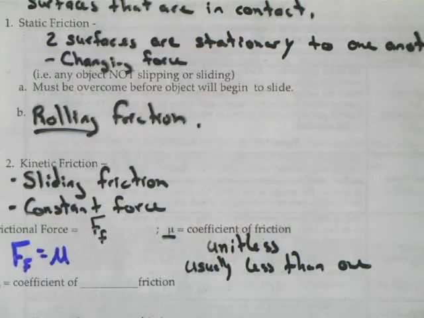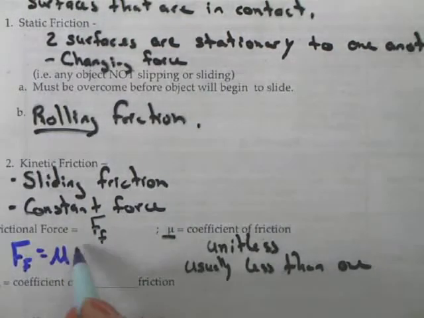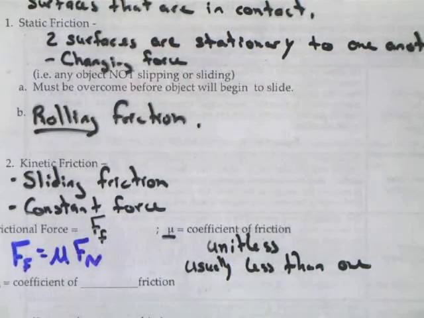Some of you were pulling your sleds without the mass in it. How did adding the mass to the sled change the friction? Did it have any effect? Yeah, it increased the amount of friction. So the weight of your object affects the amount of friction between the two surfaces. And so here is that variable, and it's going to be the normal force.